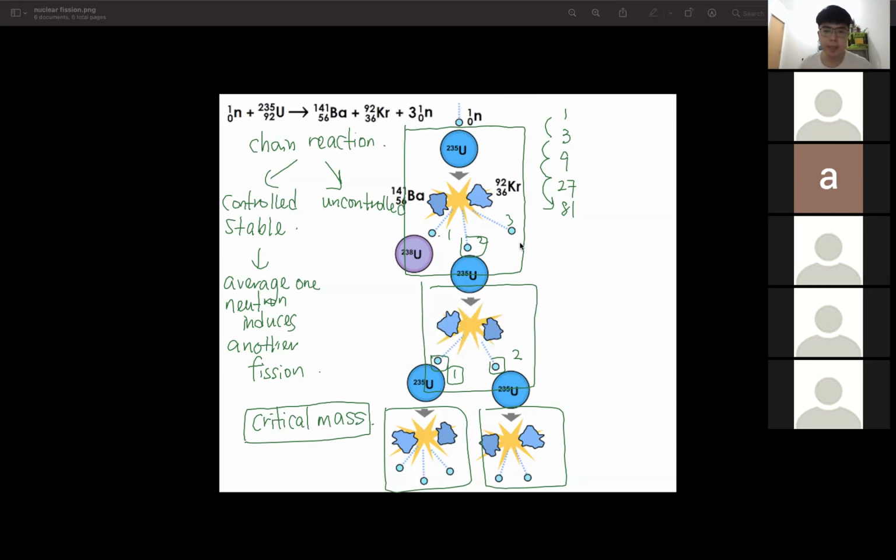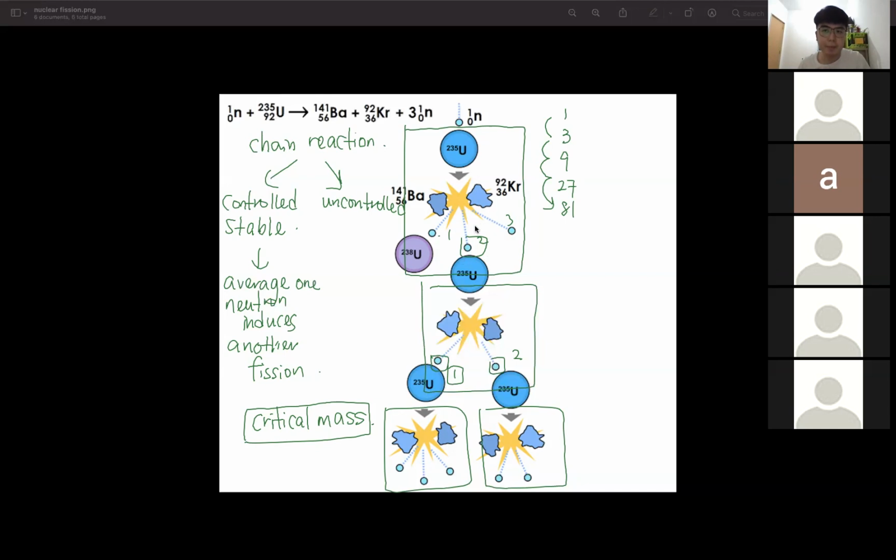What about if there is not enough uranium atom? Okay, you have neutron, but you don't have enough uranium atom. What happens? Then there's no more fission. Then the chain reaction just stops there. Okay, suddenly stops. It breaks the chain, right?